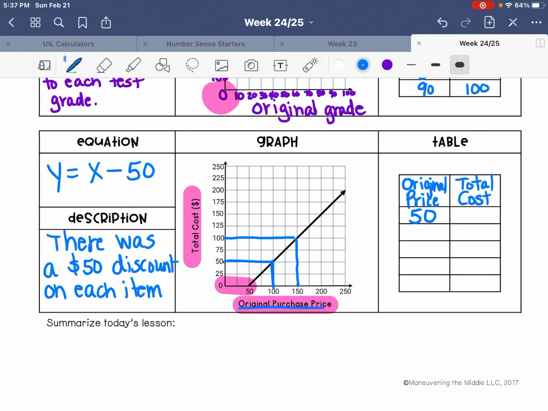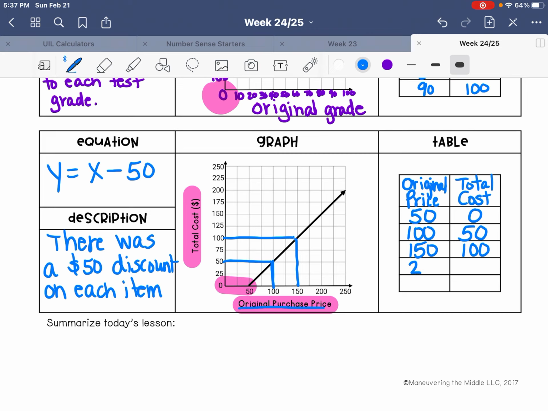So if the original price was $50 and they take $50 off, then that's going to cost you $0. If the original price was $100 and they take $50 off, now you get it for $50. If the original price was $150, you will now get it for $100.